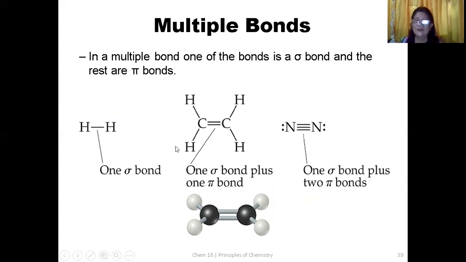Then this is a double bond, one sigma bond and one side bond, which is a pi. So a double bond is one sigma bond and one pi bond. A single bond is only one sigma. A triple bond is one sigma bond and two pi bonds. Did you get it?